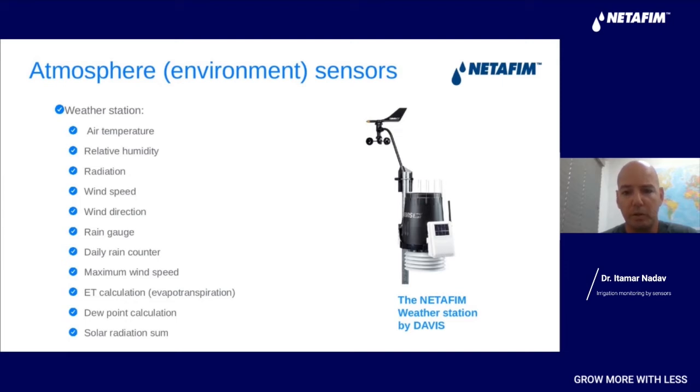And in Netafim, we are using the Davis station, which is very cheap and gives you good value for money, and you can place it everywhere.